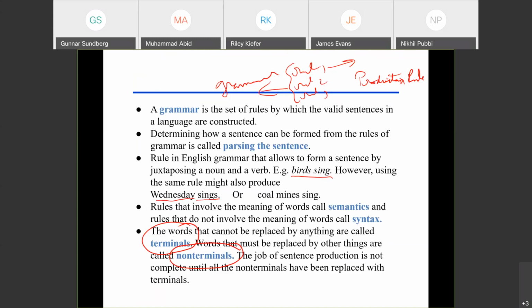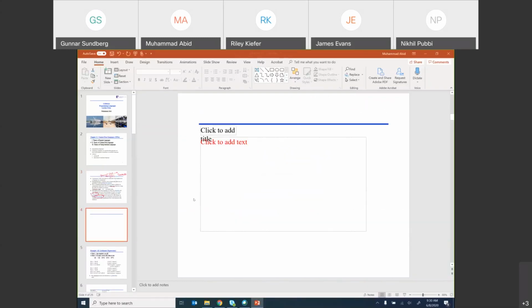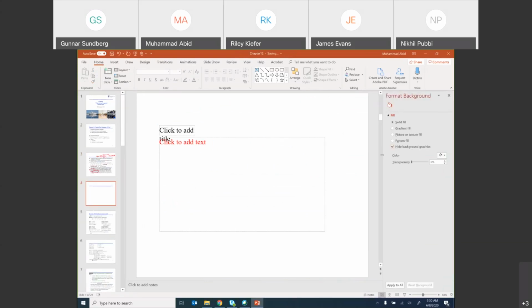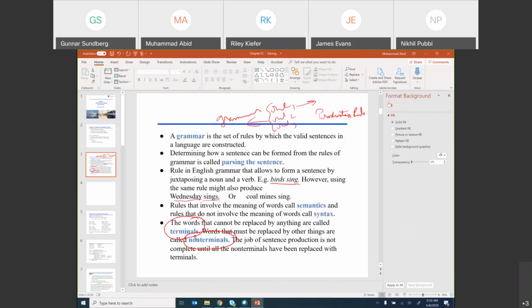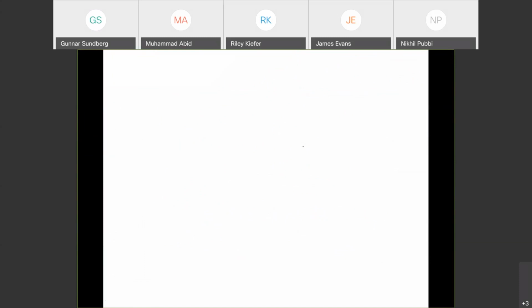So let me give you an example of this. I need to add an empty slide here so then you can understand. Let's follow this example and try to write it here.